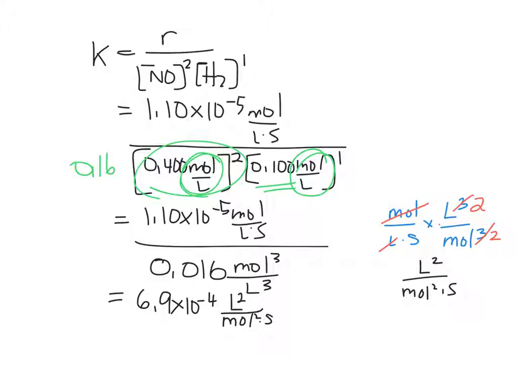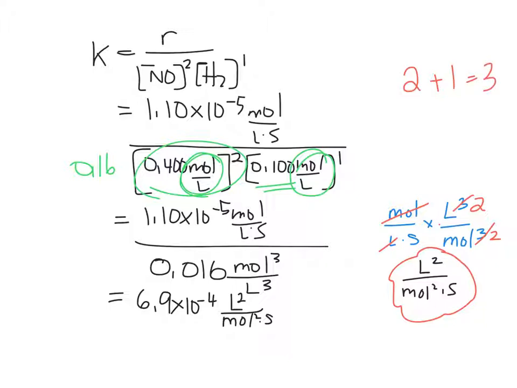These units are going to be for any reaction that is third order overall. This reaction had one reactant with the exponent 2 and another reactant with an exponent 1; you add them up and you get the overall order of the reaction.